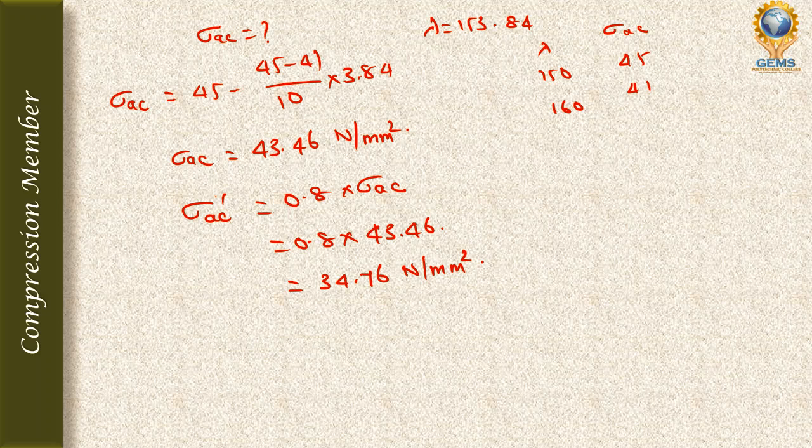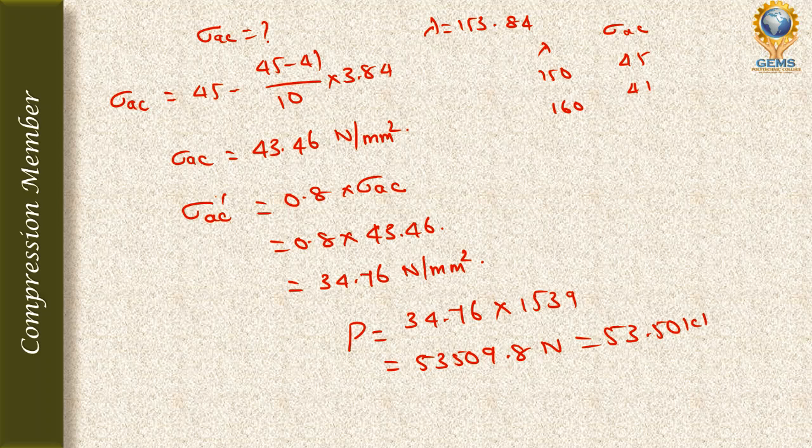Our load carrying capacity P is equal to sigma AC into area, 34.76 into 1539, which is 53509.8 Newton, that is equal to 53.50 kilonewton. This is greater than the 47 kilonewton. Hence our section is safe.